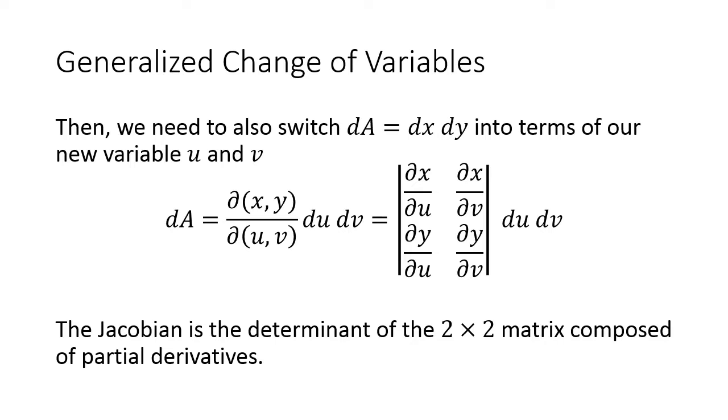And then we can switch to du and dv. And we typically think of this Jacobian as the determinant of a 2x2 matrix, right? So we're going to calculate four partial derivatives. Then we put those four partial derivatives into our matrix and calculate that 2x2 determinant. That 2x2 determinant, that is the Jacobian, that is my scaling factor. That's how I'm going to be able to go back and forth between the variables x and y and u and v when it comes to substituting for dA.